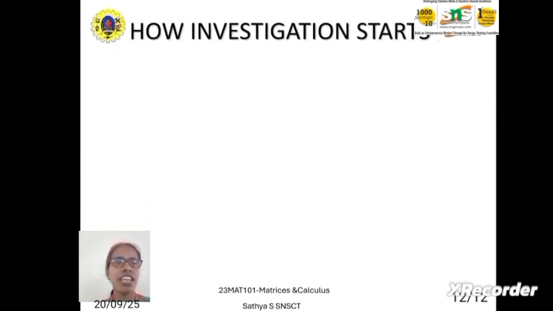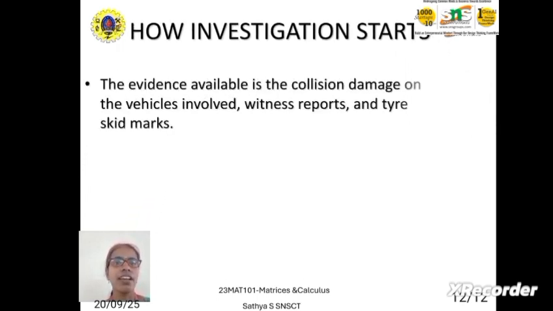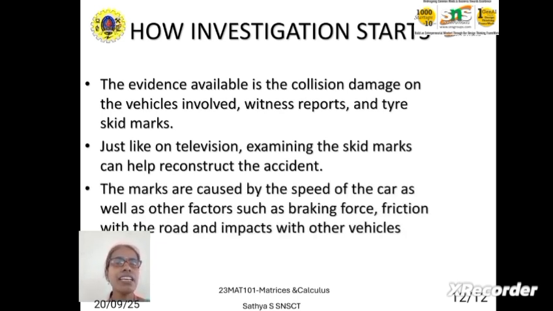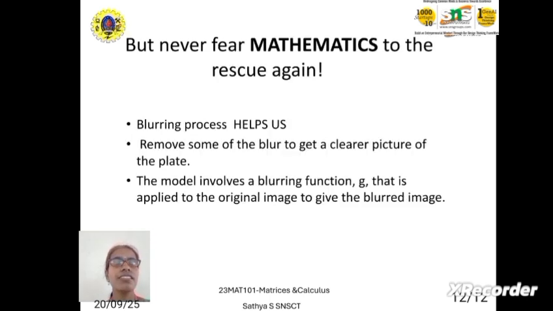So how does the investigation start? The evidence available is the collision damage on the vehicles involved, witness reports and the tire skid marks. Just like on television, examining these skid marks can help to reconstruct the accident. The marks are caused by the speed of the car as well as other factors such as braking force, friction with the road and impacts with other vehicles.